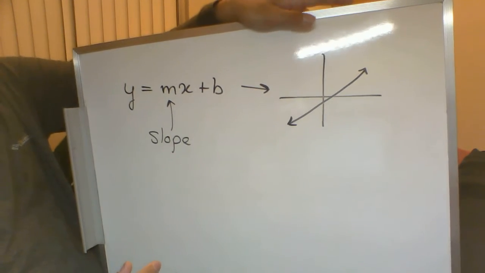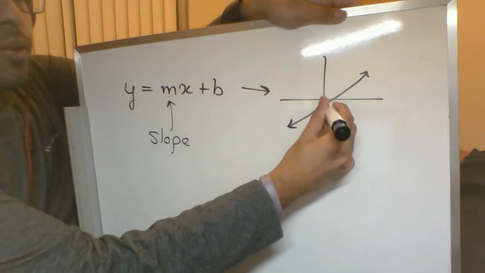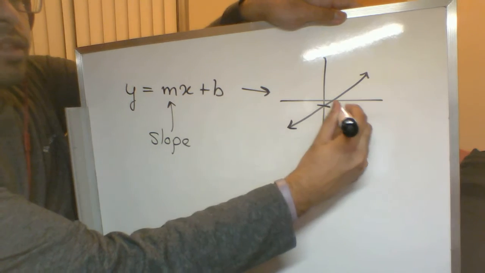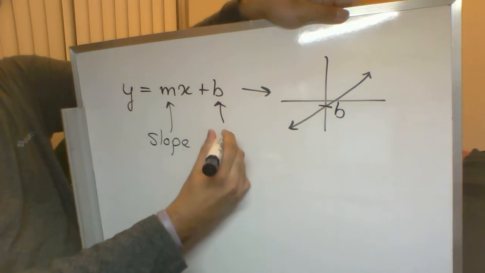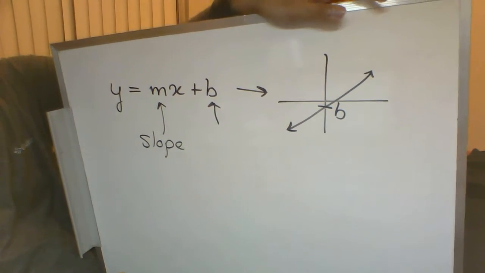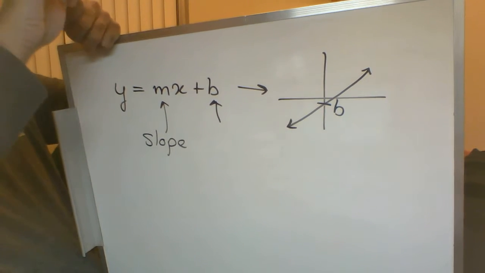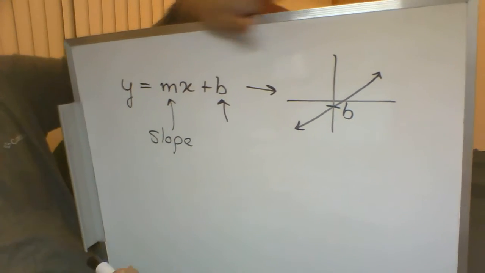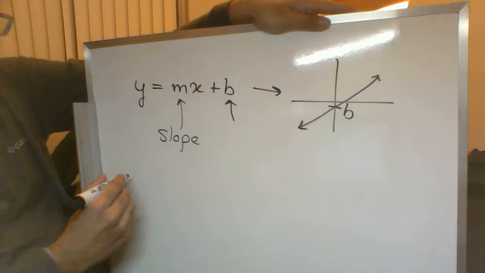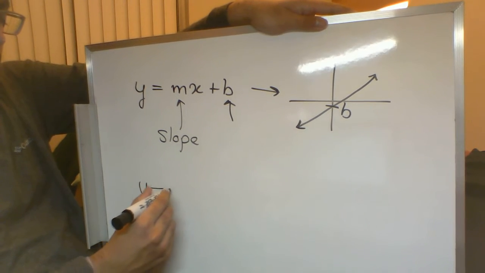Don't ask me why, because I don't know. And the y-intercept we represent with the letter b, which is over here, which again I don't know why we represent with b.